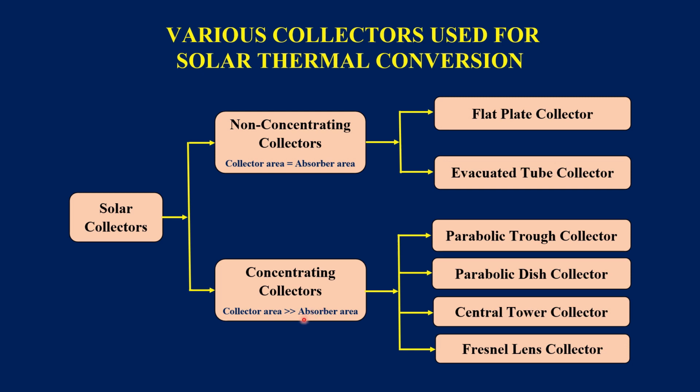So here the collector area will be very much greater than the absorber area. And the various types of concentrating collectors are parabolic trough collector, parabolic dish collector, central tower collector, and Fresnel lens collector. Now we have to study each of these collectors in detail.